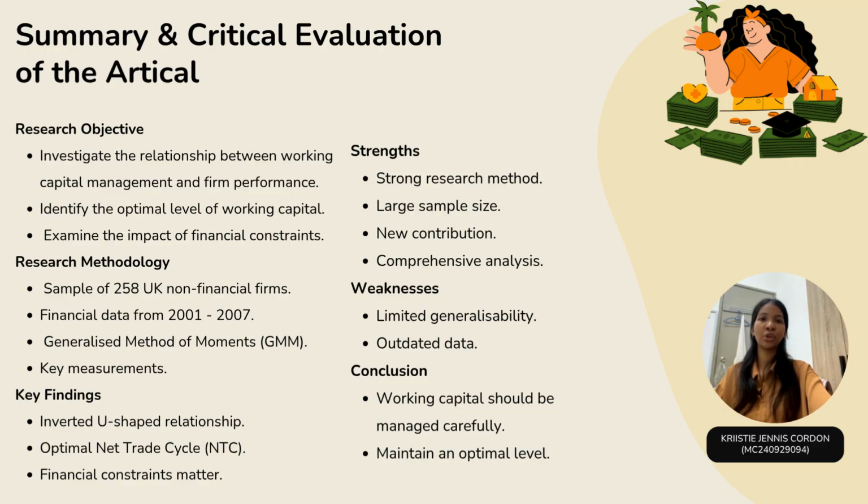The study also introduces the idea that there is an optimal level of working capital instead of assuming that more capital is always better. Several financial indicators were also used to measure financial constraints, making the conclusion more robust.